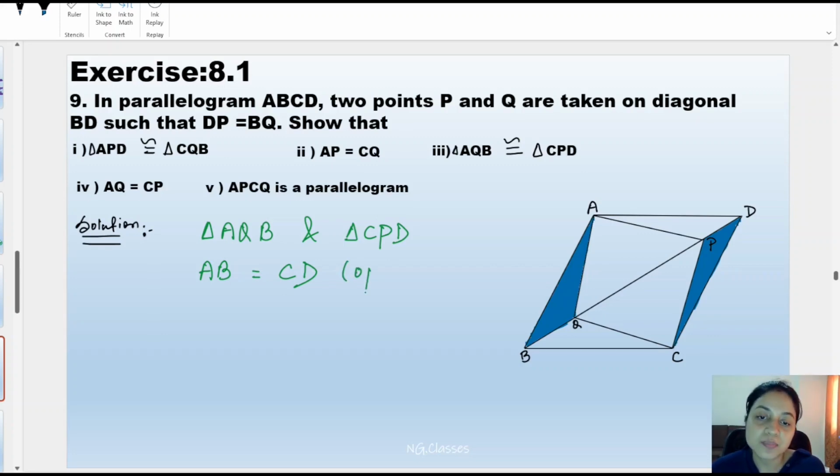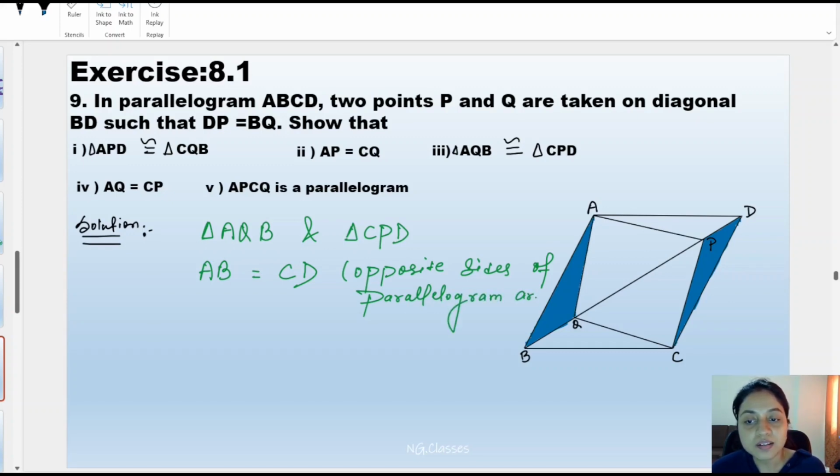Let's write it. Opposite sides of parallelogram are equal with each other.